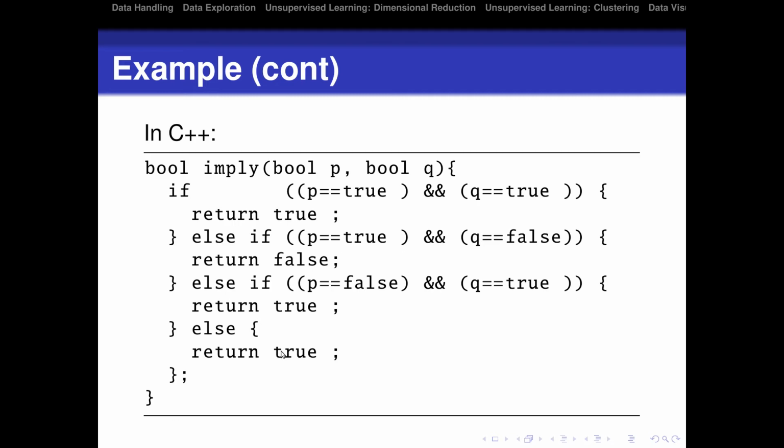Now let us look at C++. Many of you have learned C and C++. When we define a function in C++, apart from giving a name, we need to give it the type. It takes in two Boolean values, P and Q. Boolean means either true or false.